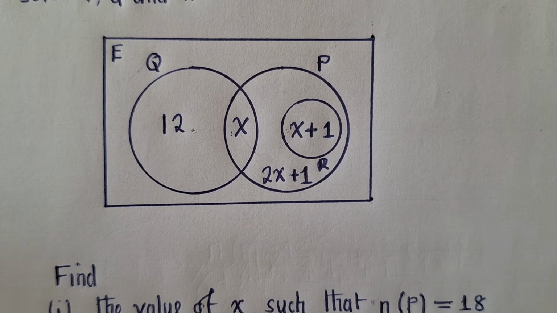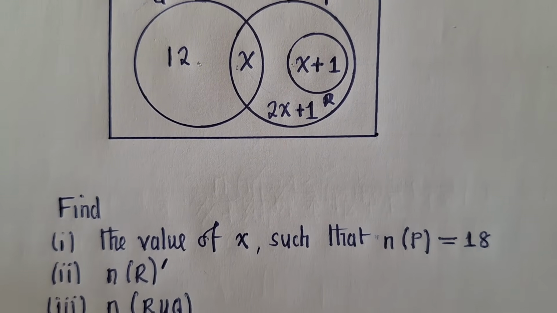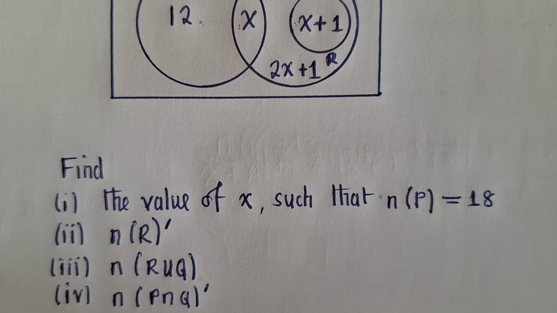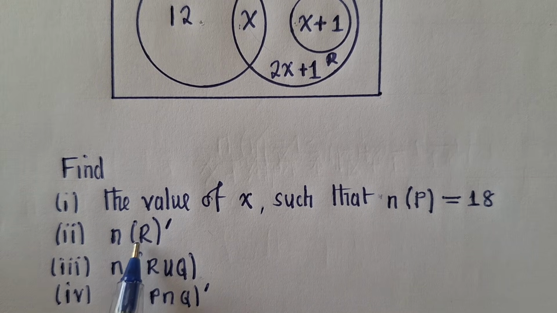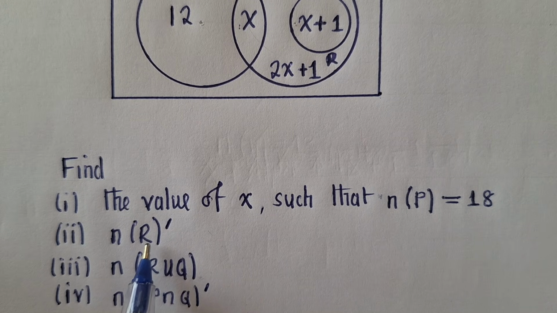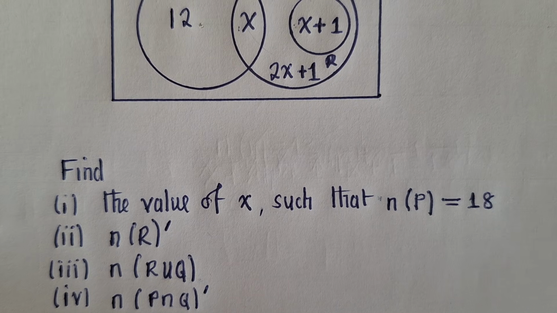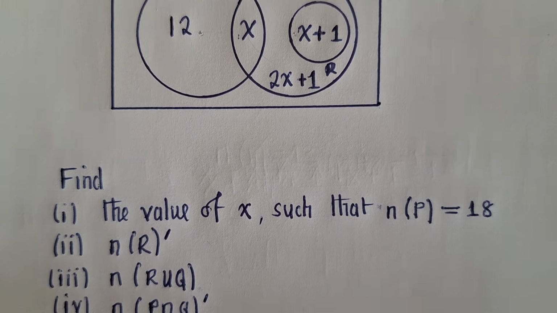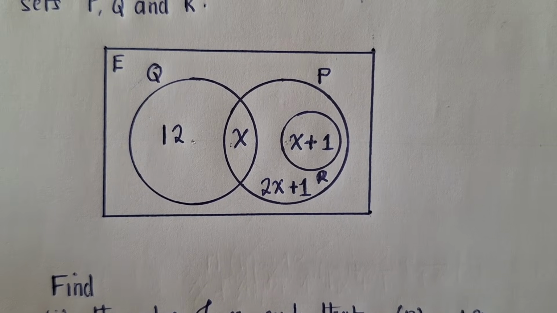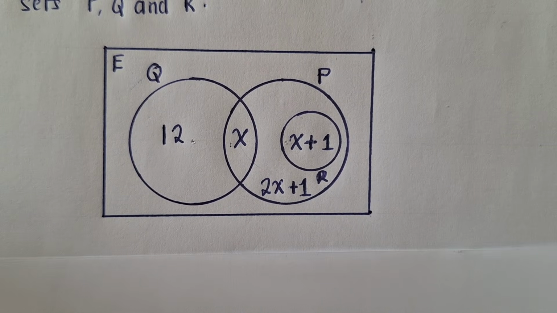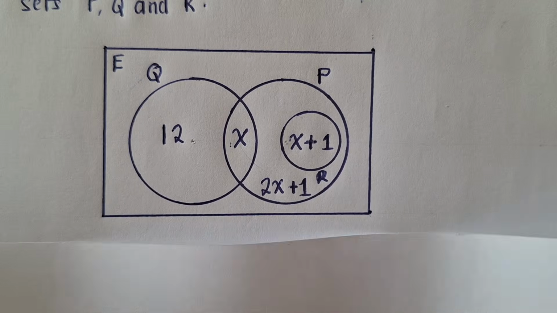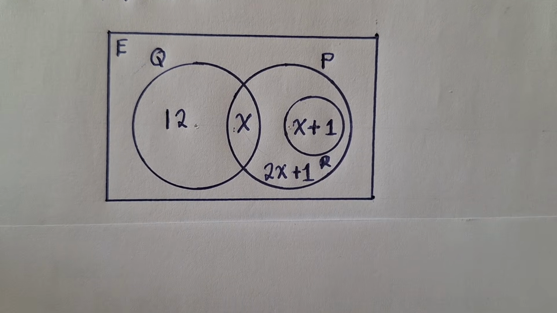Okay. Now let's check out question 2. For question number 2, they're saying N of R complement. So they're saying don't get elements in R. You get everything that is outside R. So let's look at our Venn diagram and check what is outside R. You can see we've got a 12.